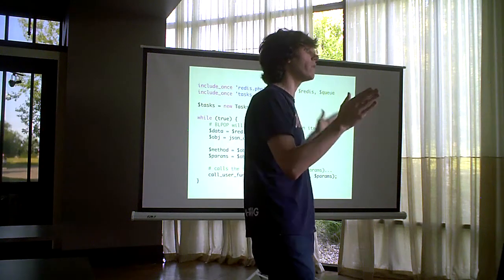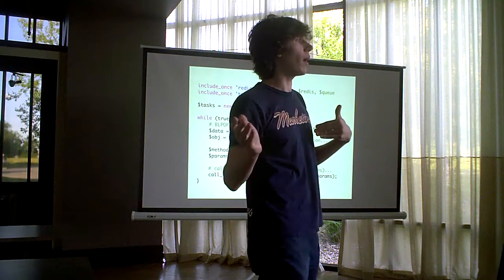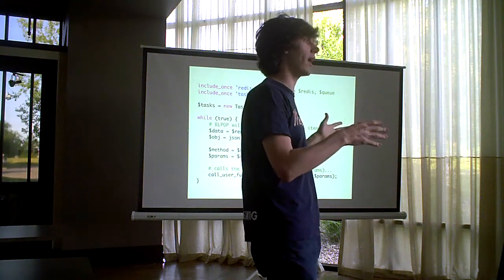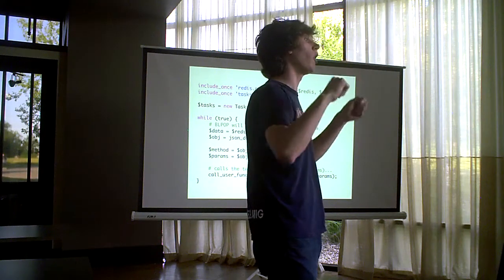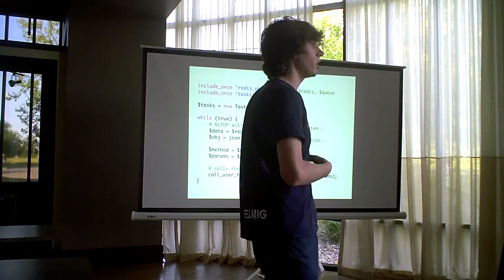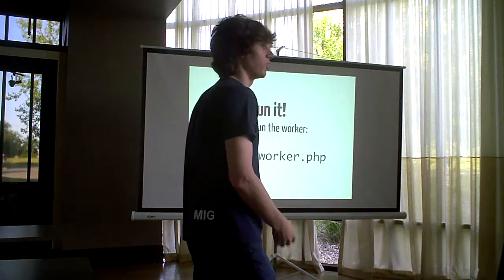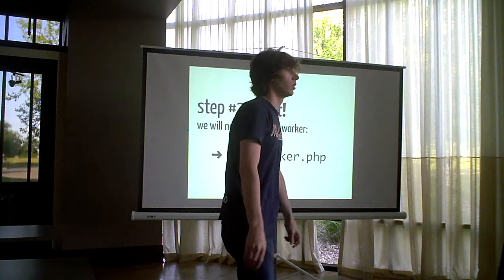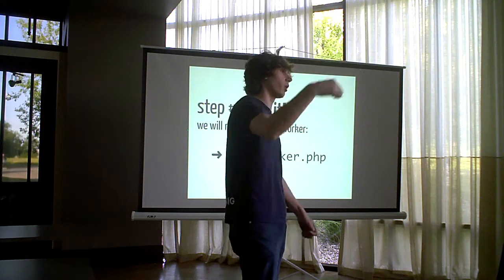You could have a dozen of these workers all sitting watching the queue. So when you add maybe 120 tasks to the queue, each of them will just grab one at a time, pull them off, and perform them. If you want to spin up new workers, you literally could, just as simple as opening up a new terminal and saying php worker.php, and it would start up, start doing the loop, start watching.